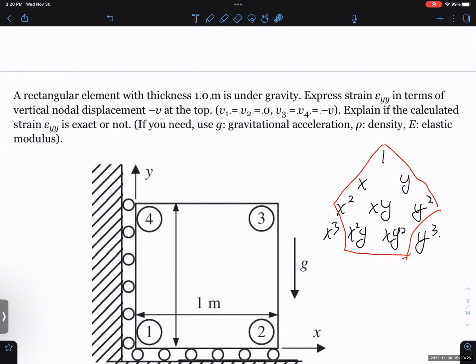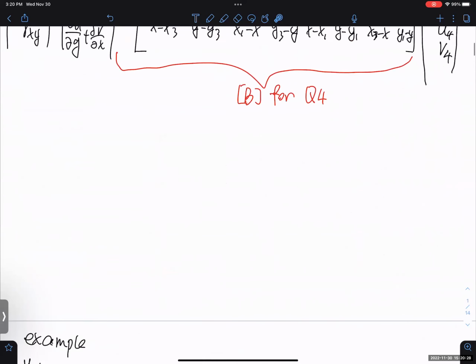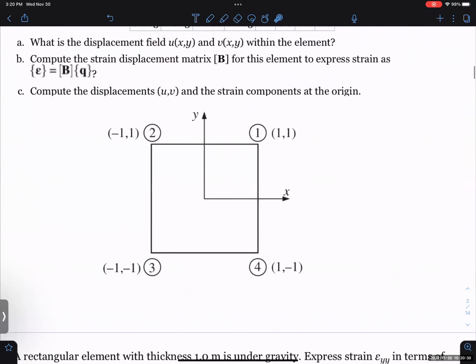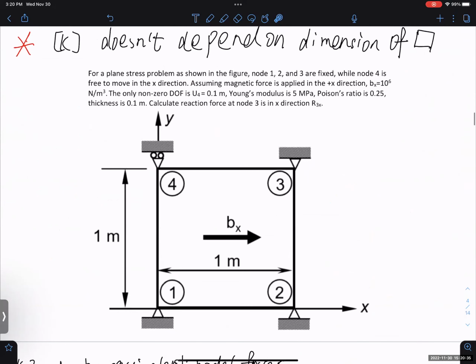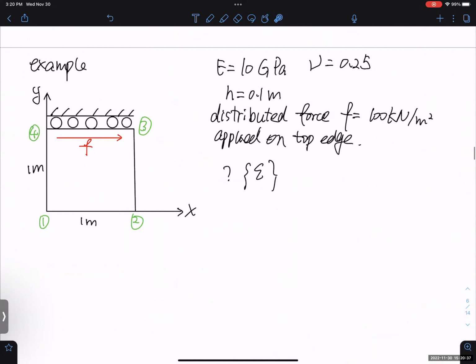Actually, distributed force in our 2D situation may give you a different answer, because I talked about this problem, right? This is distributed force, but our FEA gives you the exact result, even using the CST element, and this is a Q4 element. And I think I explained why during the class.